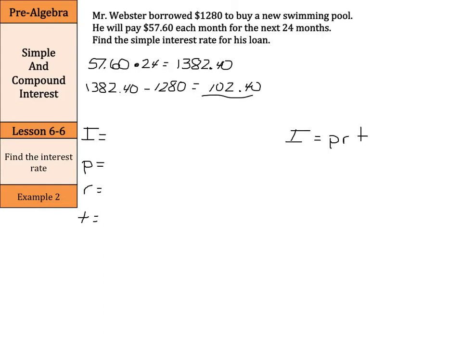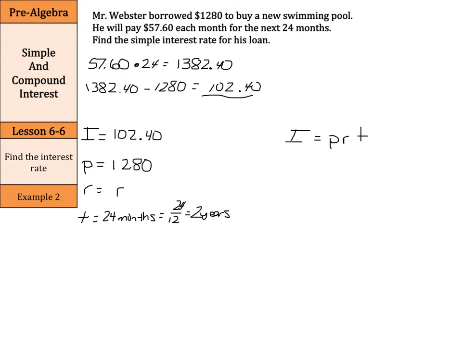So the interest I is going to be $102.40. The amount he borrowed was $1,280. The interest rate is what we're looking for, so that's R. And the time we're given in the question is 24 months. But 24 months into years, we take 24 over 12 and we get 2 years.